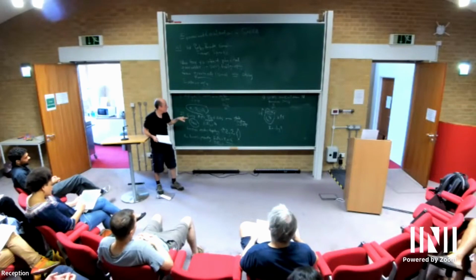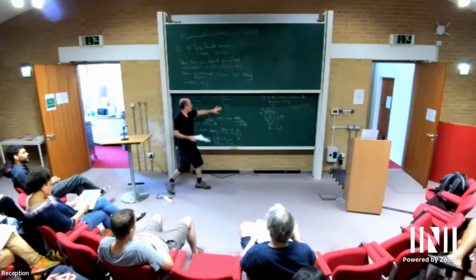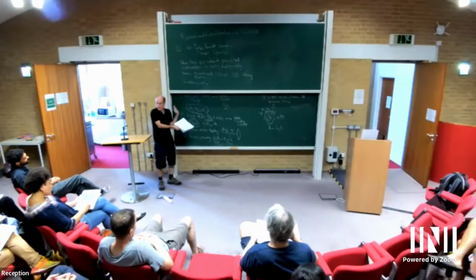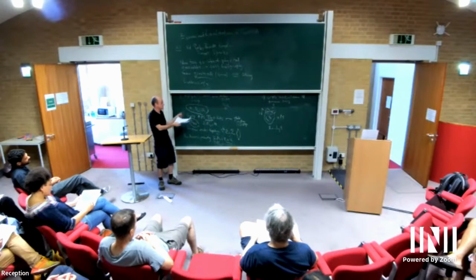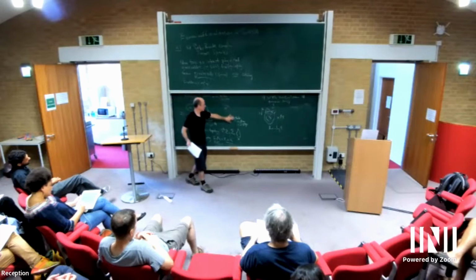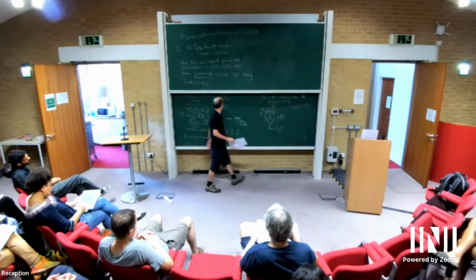Let me just say a couple more words, which is connected with what Albrecht was saying. For people who don't know about this field, this is huge. There are literally thousands of papers on it, so this is not just a small little corner, and I can't summarize all of this. But one general thing is a huge amount of progress has been made on the conformal field theory side.